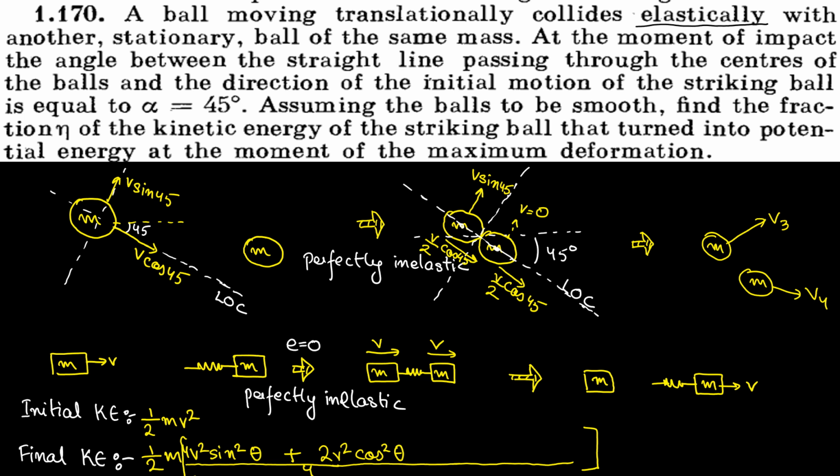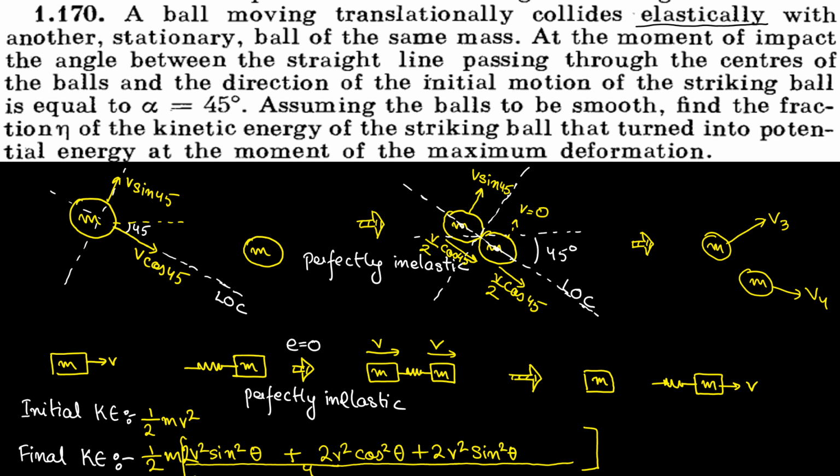So this now becomes 4v square sin square theta plus 2v square cos square theta, and 4v square sin square theta can be written as 2v square sin square theta plus 2v square sin square theta. Now between these two, if I take 2v square common, cos square theta plus sin square theta is equal to 1.